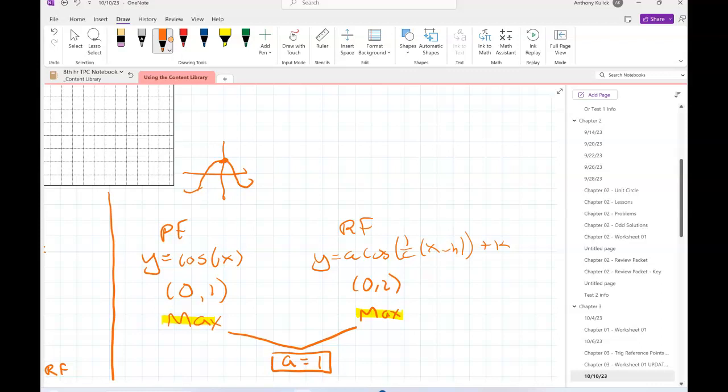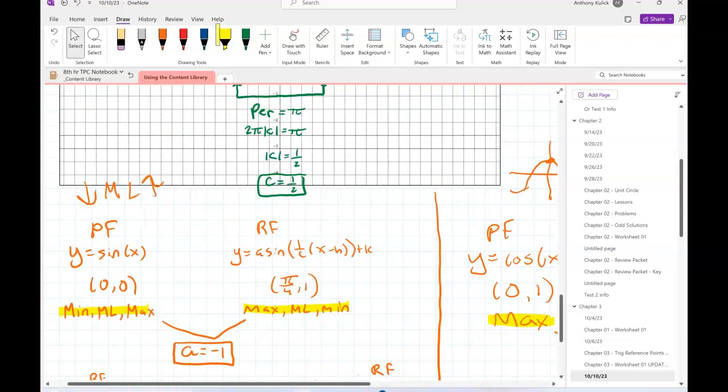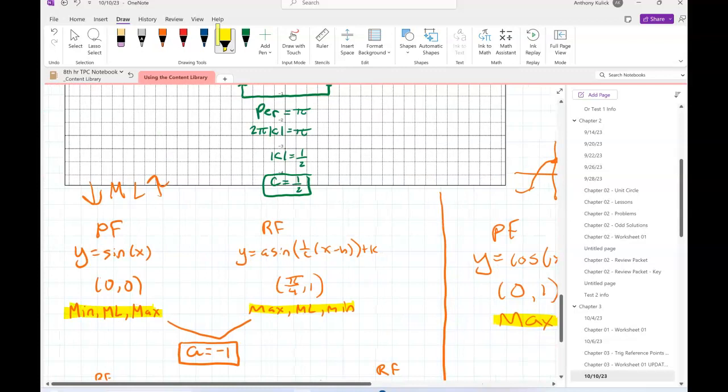Because they're the same. Did we get the 1 from what we solved for? Yeah, because A was plus or minus 1 when we looked at the graph, right? Wait, how do you know if it's negative or positive? So these were the same, so they're positive. These ones were opposite, that's why it was negative.